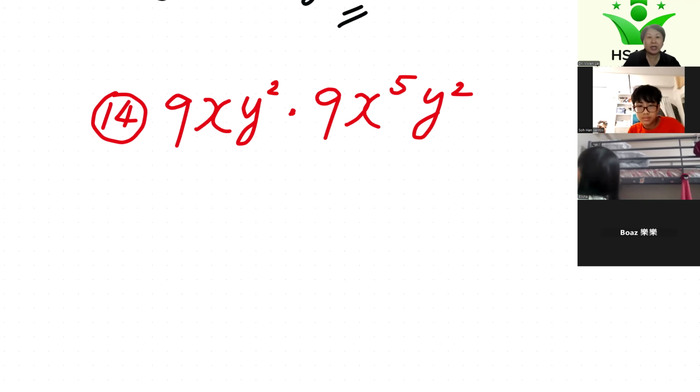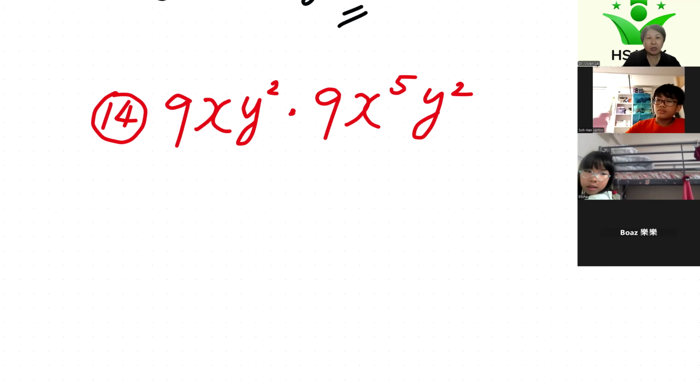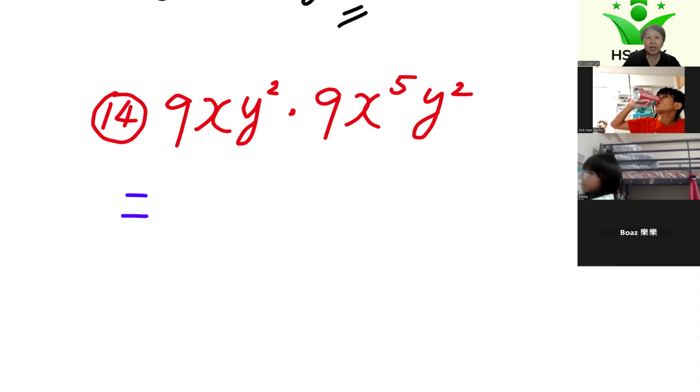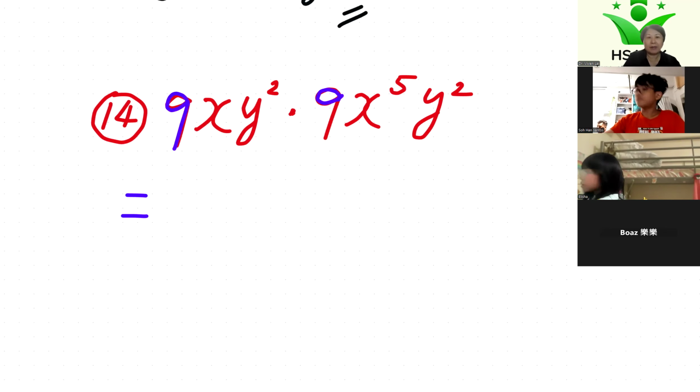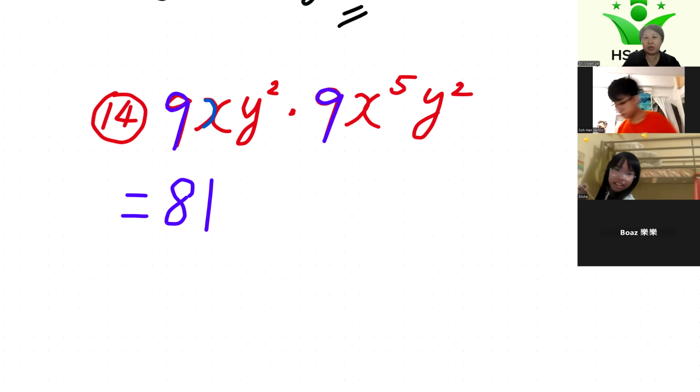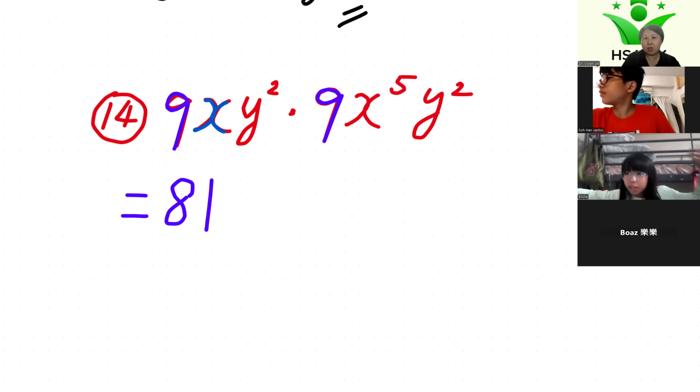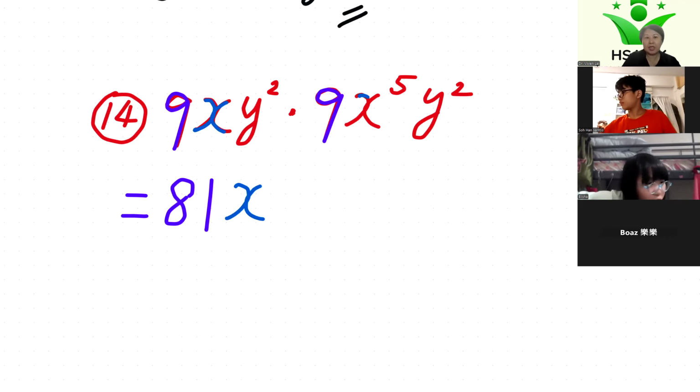So the first thing, let's deal with the constants. 9 times 9 is 81. And then it will be your x alphabet. X, let's see, we have x to the first power, x, the base is the same, so we add up the index.